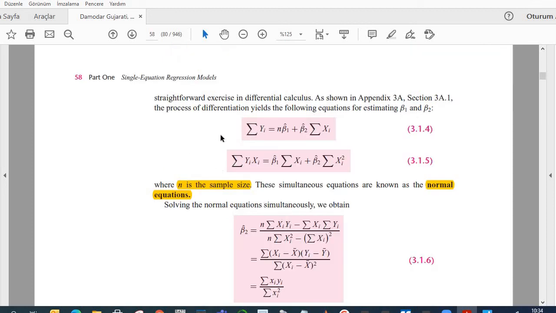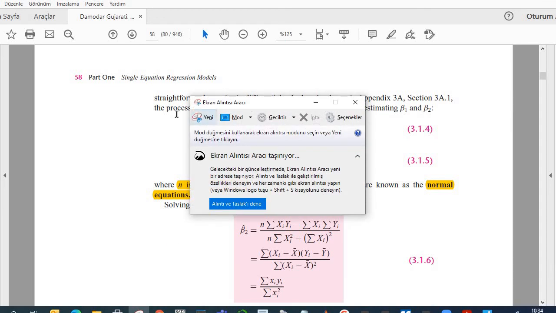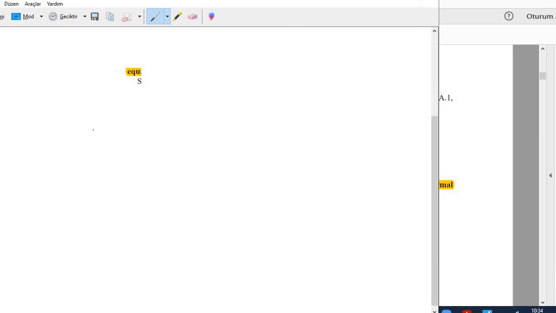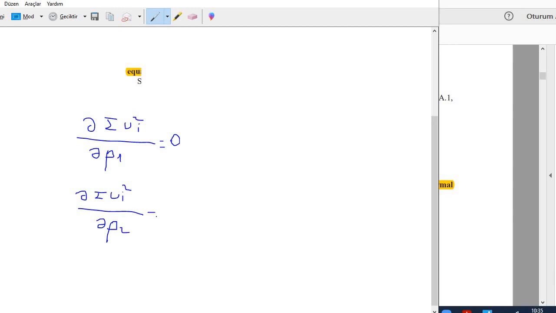So, as I told you before, we take the partial differentiation of this sum of squared residuals and equate it to 0, and again we take the partial derivative with respect to beta 2 and obtain the second normal equation.